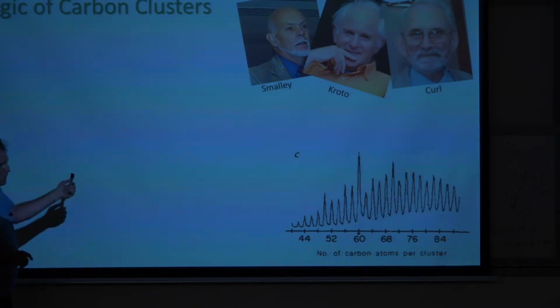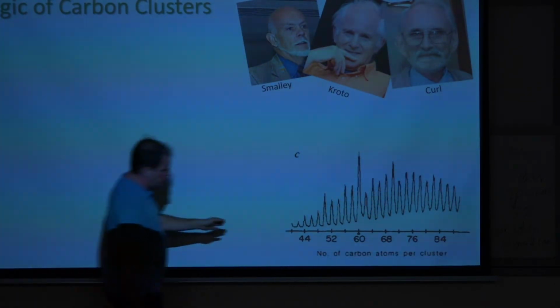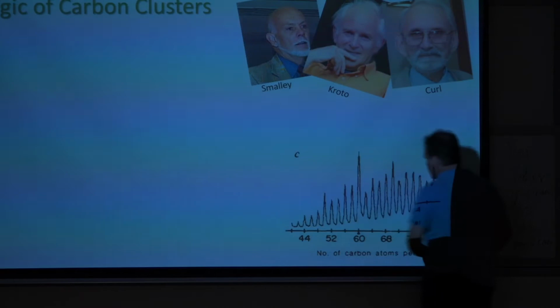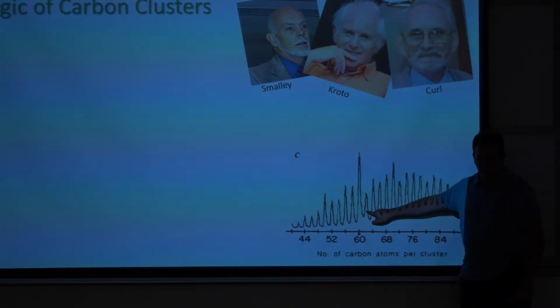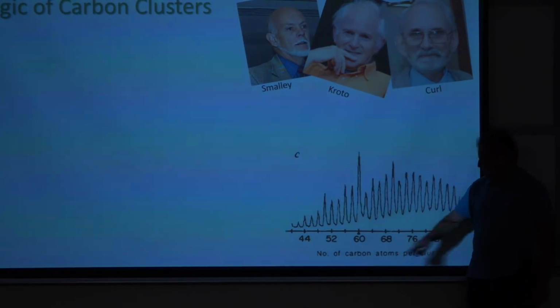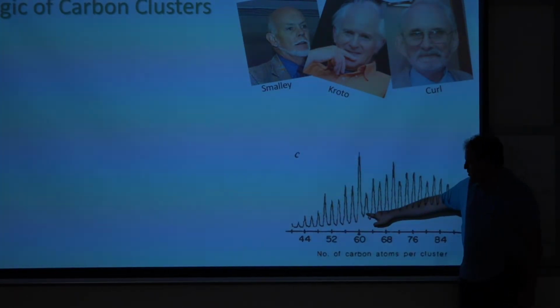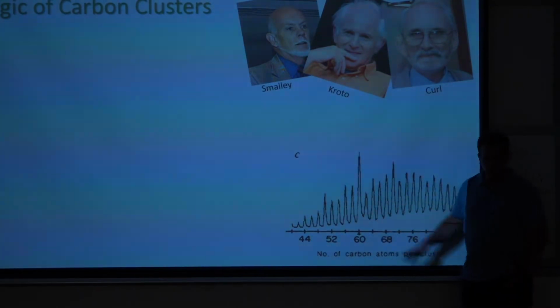If you do the experiment just with carbon, no hydrogen, and you measure the distribution of cluster sizes, then at high temperature you get something like this, which doesn't look very impressive. One thing you may notice is that the jumps here are of 2. From 60 you get to 62, 64, there's no clusters of size 61.